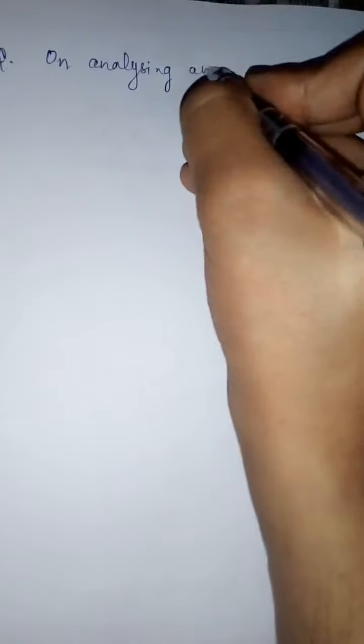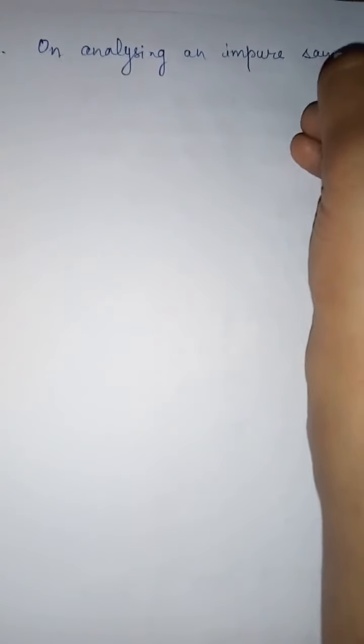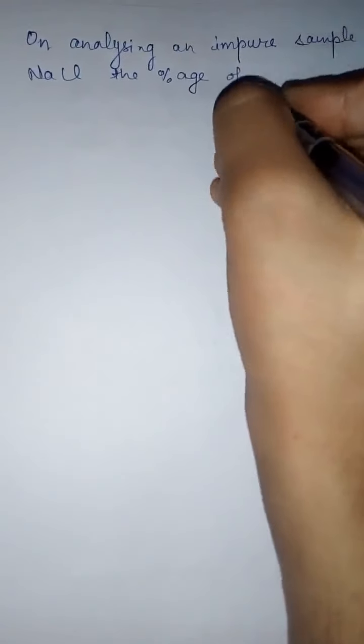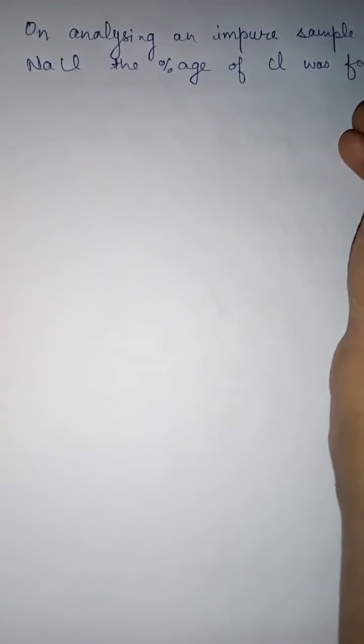Another question is on analyzing an impure sample of NaCl, the percentage of chlorine was found to be 45.5.